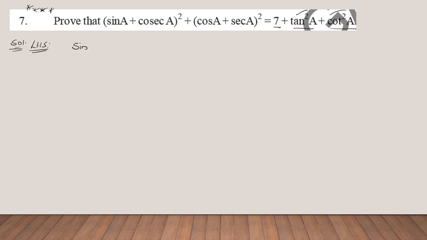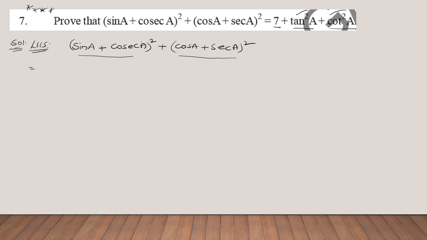For that I am going to consider the LHS. (sin A plus cosecant A) whole square plus (cos A plus secant A) whole square. Now here I can see that it is in the form of (A plus B) whole square, here also (A plus B) whole square.